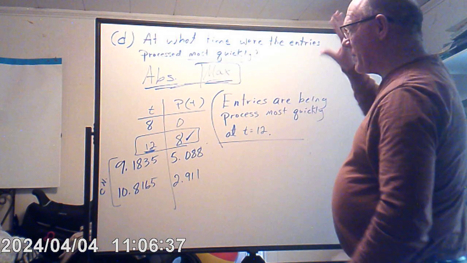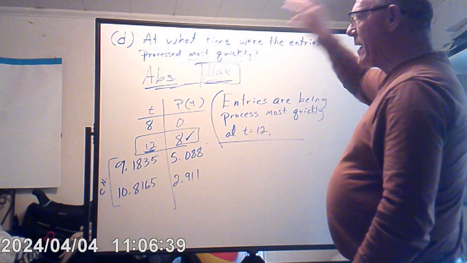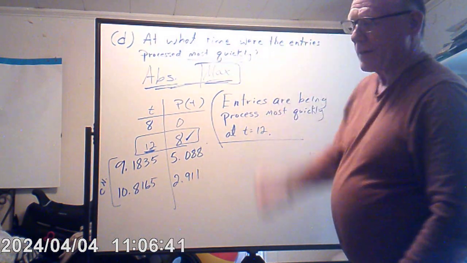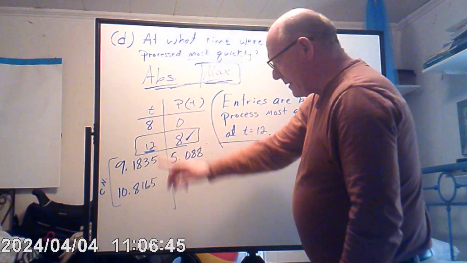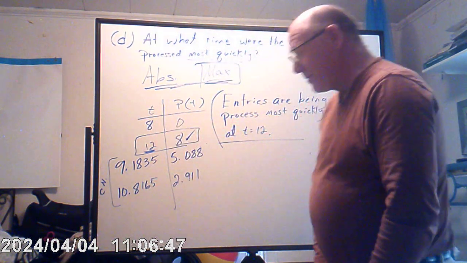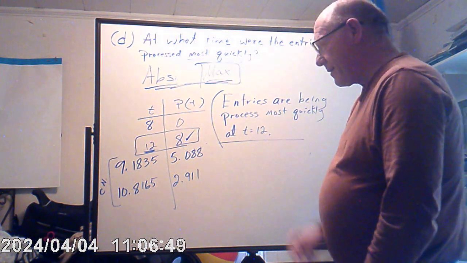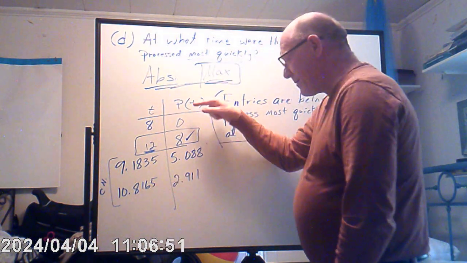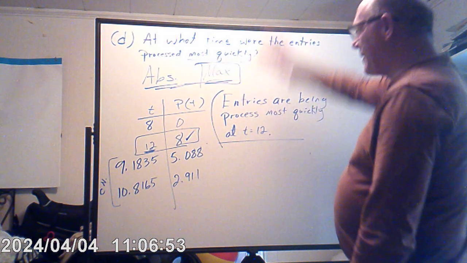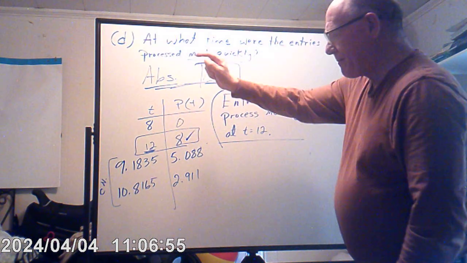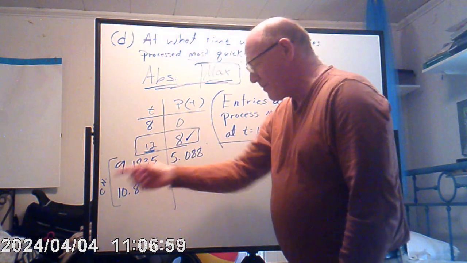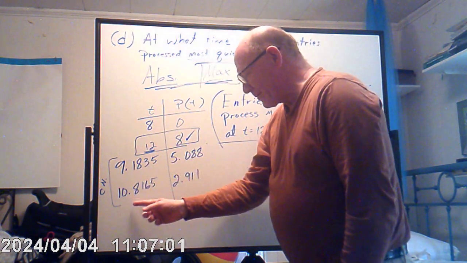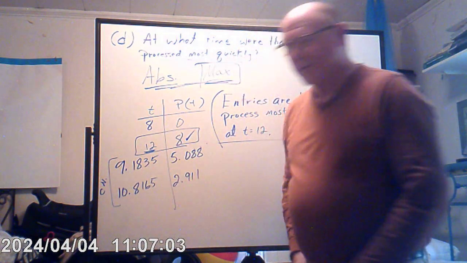Again, this is a play on the extreme value theorem, not the mean value theorem. Find the endpoints and the critical numbers, and then from there, plug those back into the original, P at t: P at 8, P at 12, P at 9.1835, P at 10.8165.